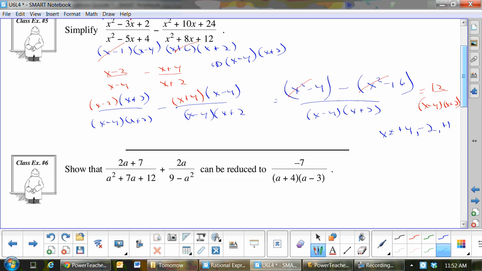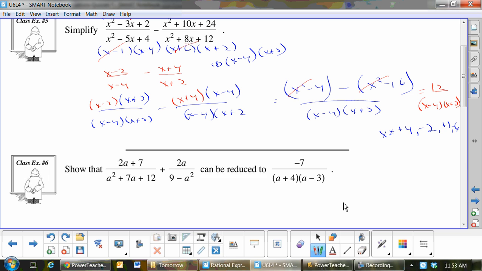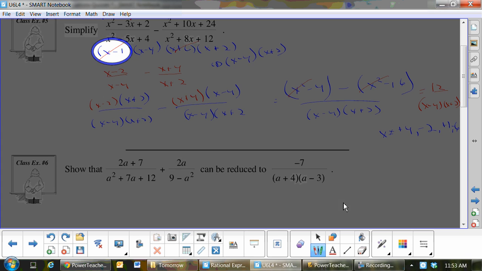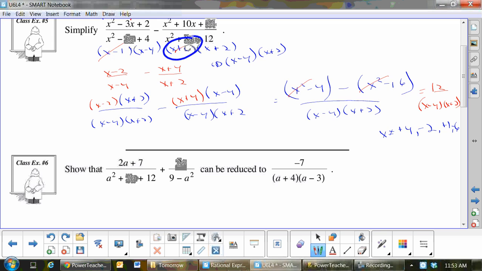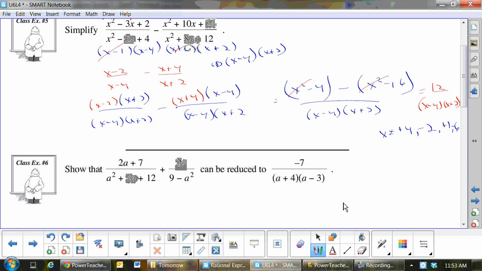And negative 6. Right at the beginning. Don't forget about this one and this one, okay? They were there at one time. That means they're always bad.